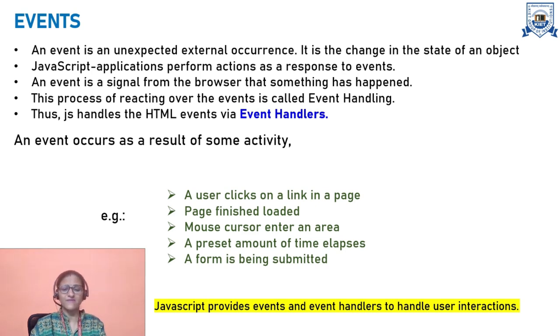For example, we have clicked a button. We have performed an event. What is the event? Click. So click is an event. And what will happen as soon as we click the button? The action which is performed in response to that event is called the event handler.